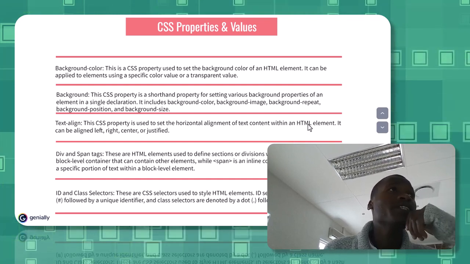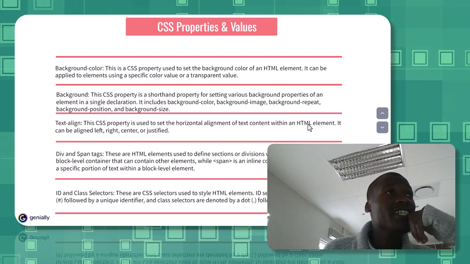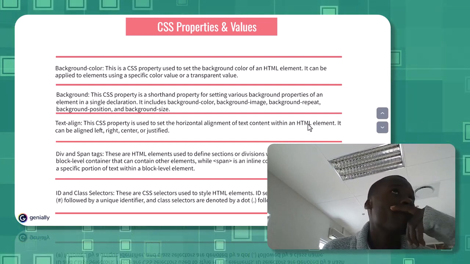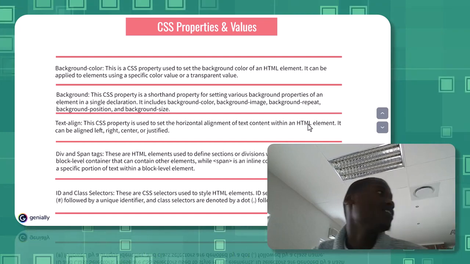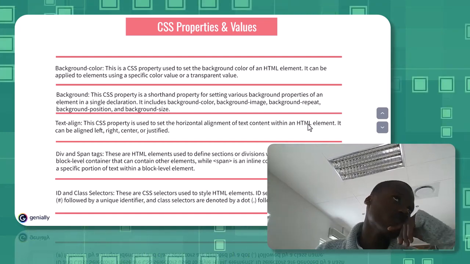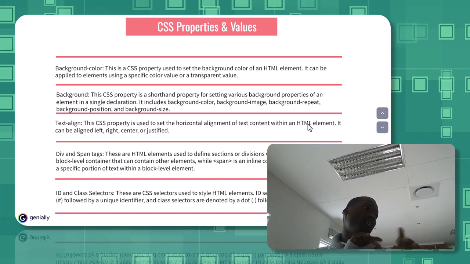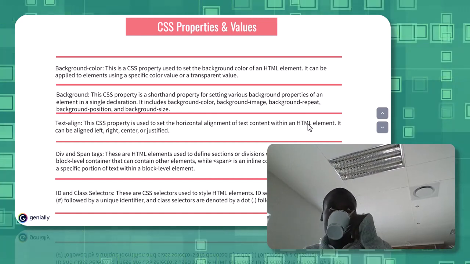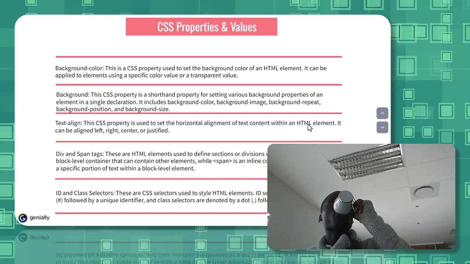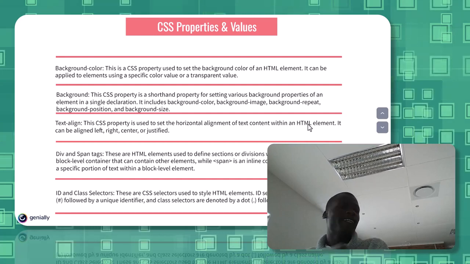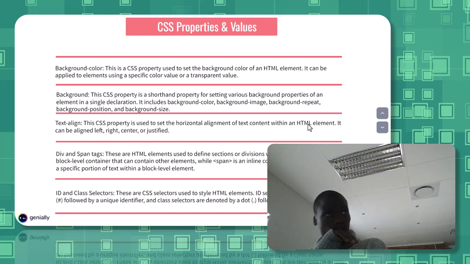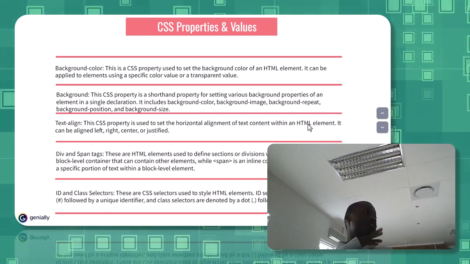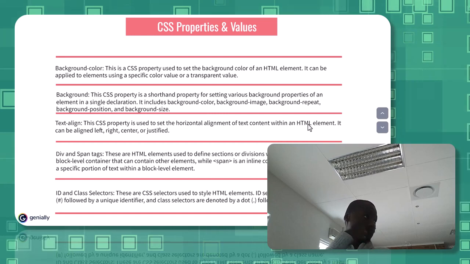background size. So I'm not sure if you guys mind pulling up MDN and just typing out background. I'll be reading in the meantime. Are you already on the background?